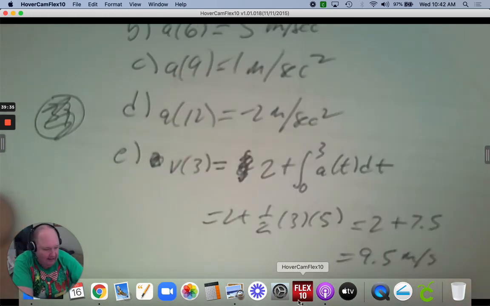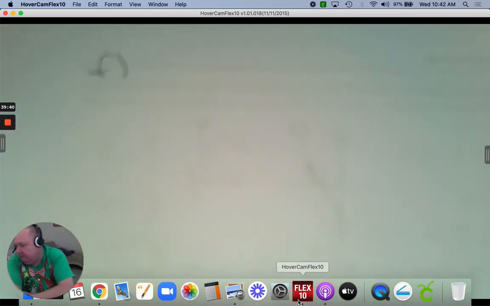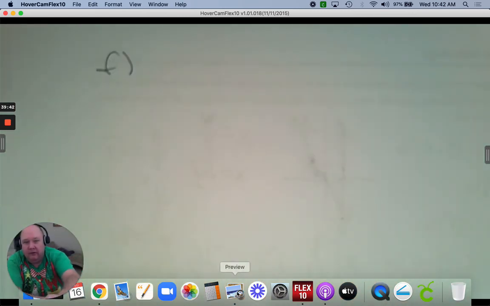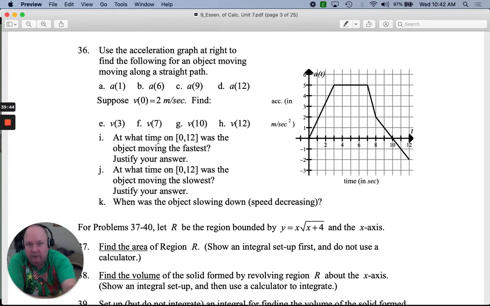Part F, I'm going to have to go to another page again. Part F says, what's the velocity at 7? Well, we already found that at 3, the answer was 9.5. So I'm just going to start with 9.5 plus, and then I'm going to integrate from 3 to 7.